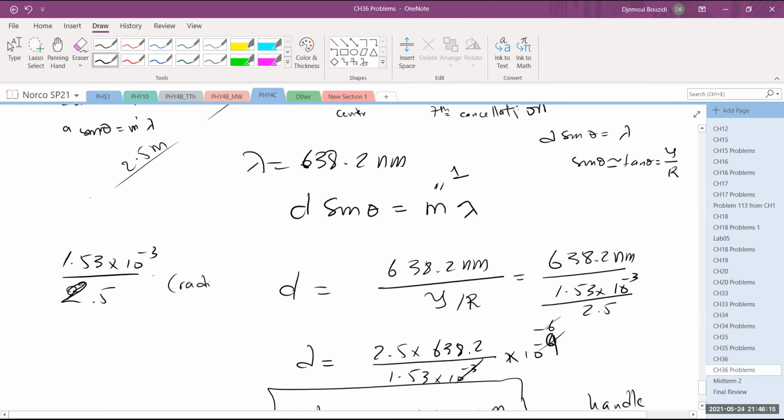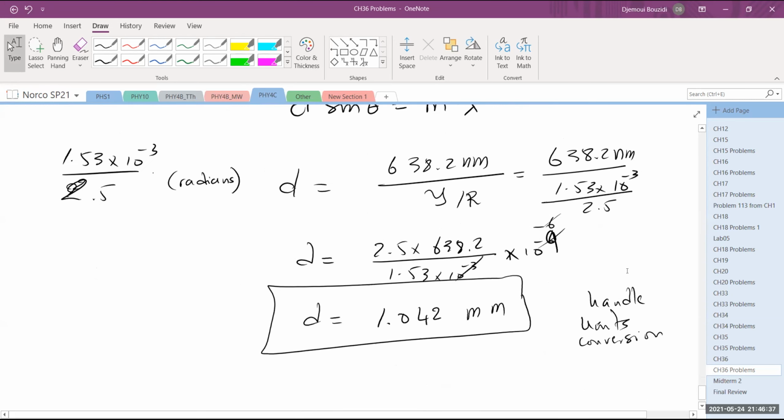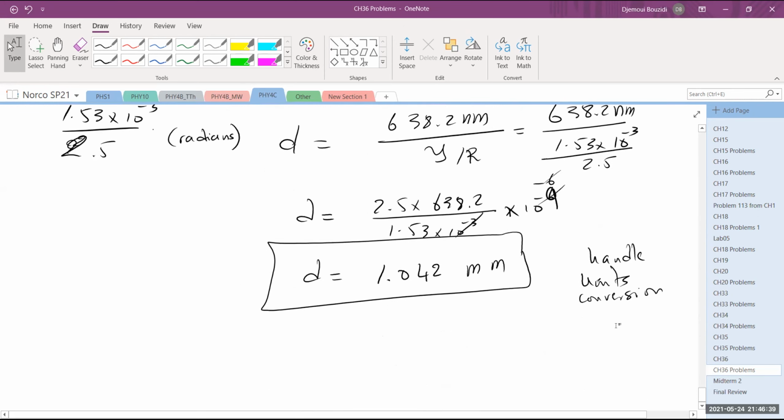Very important. I've had students in the past who get confused. They forgot to convert things, and they ended up with wrong answers, because this is equal to theta only if theta is in radians, not in grads or degrees or anything like that. Okay, so we have d.